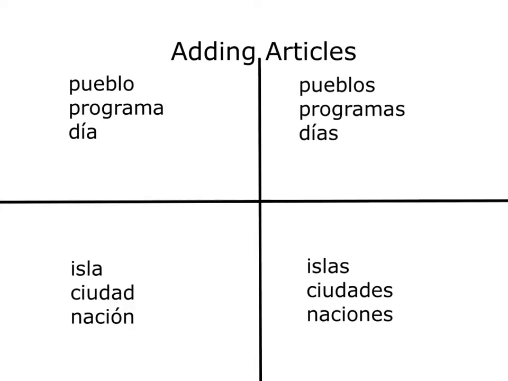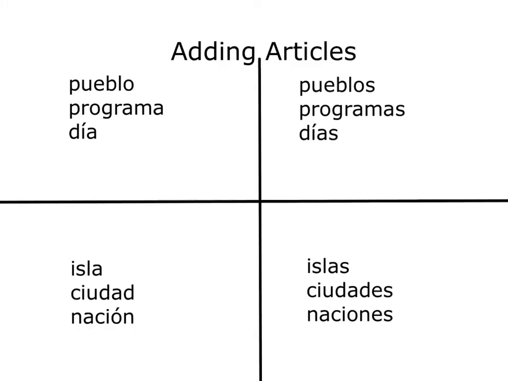Here we have 4 noun cases: masculine singular, feminine singular, masculine plural, feminine plural. And this is where you're happy that you're not studying Swahili because they have 16 noun cases. That's a lot of endings to learn. So, since we have 4 noun cases, when it comes to adding articles, we need 4 of those too.